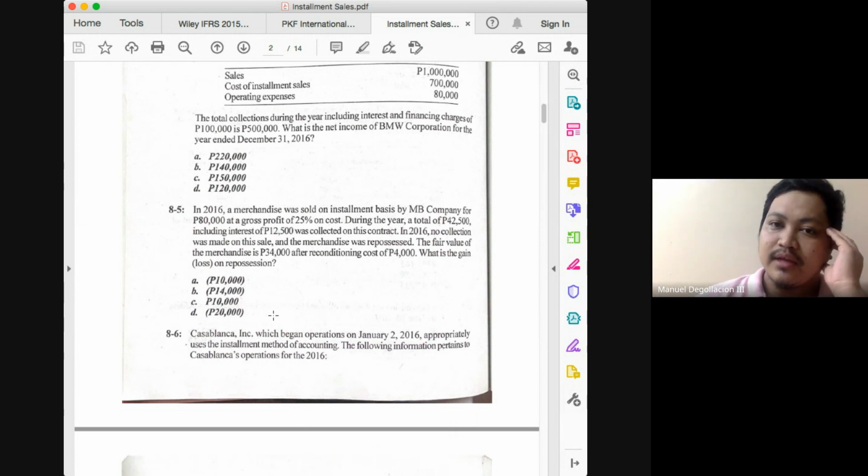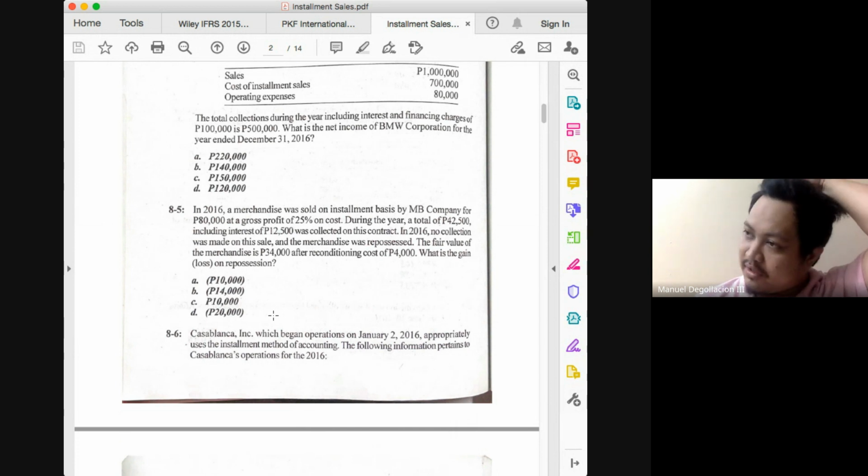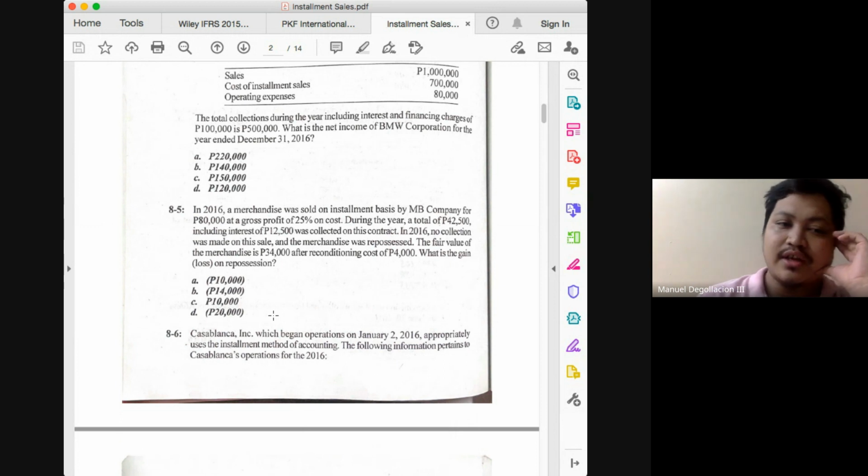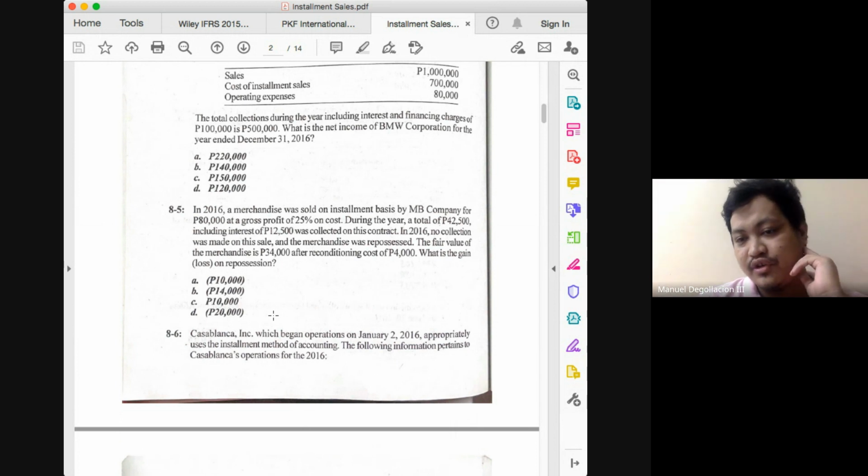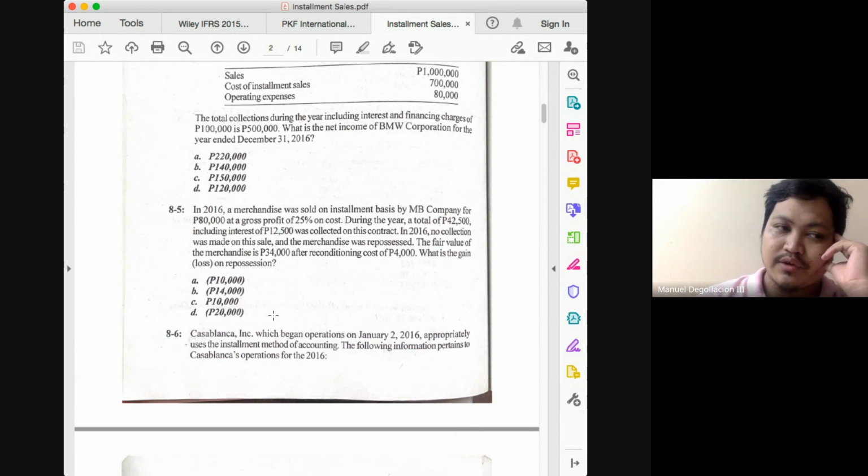And in most problems, the problem will ask you to solve for the market value before reconditioning cost, and you will have to use the estimated selling price and then deduct reconditioning cost and the normal profit margin on the sale of these repossessed items.